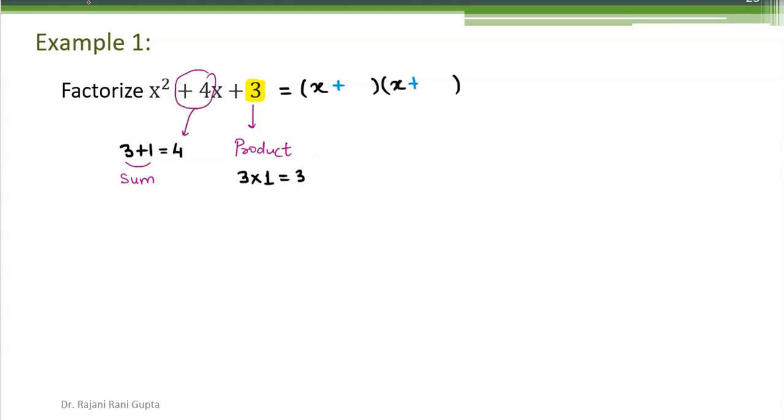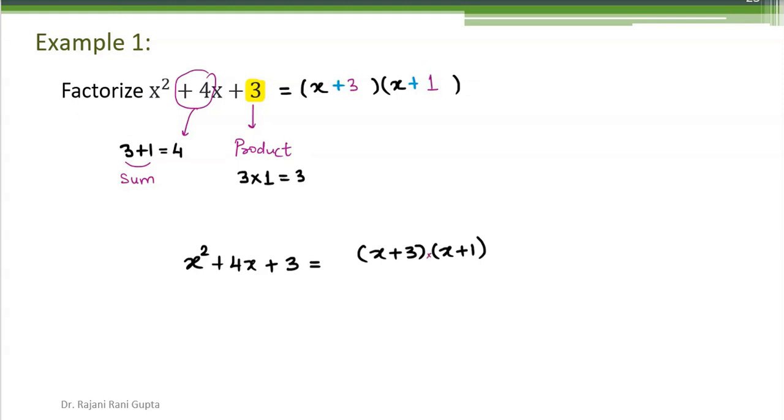So yes, the required numbers are 3 and 1. You can also write 1 and 3. So we can say that the factors of x squared plus 4x plus 3 are x plus 3 times x plus 1. When we write it together, it means in between there is a multiplication sign.